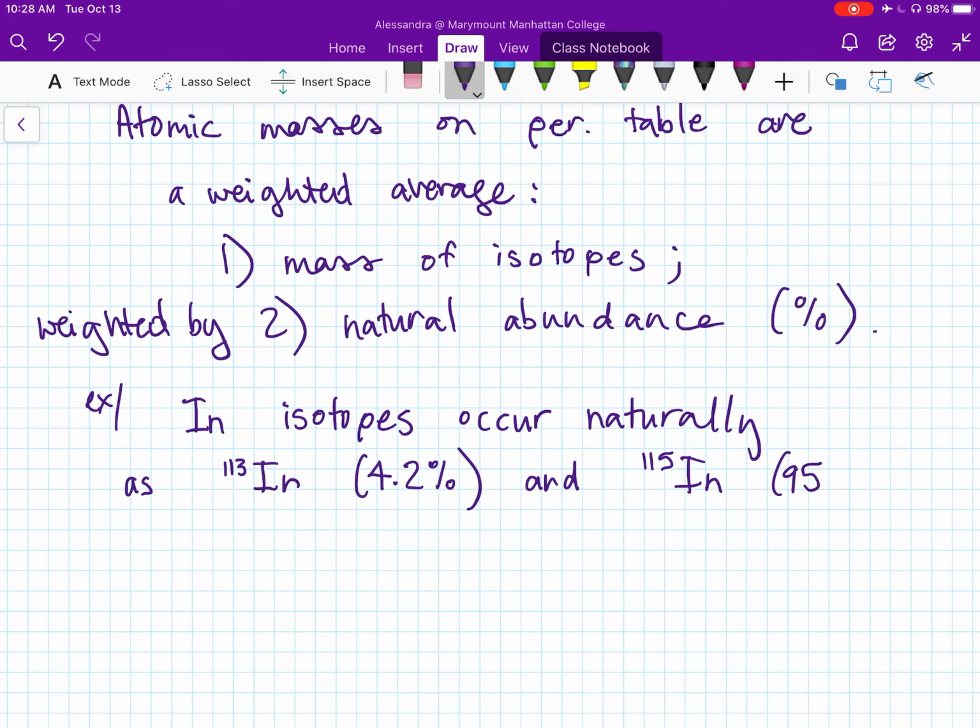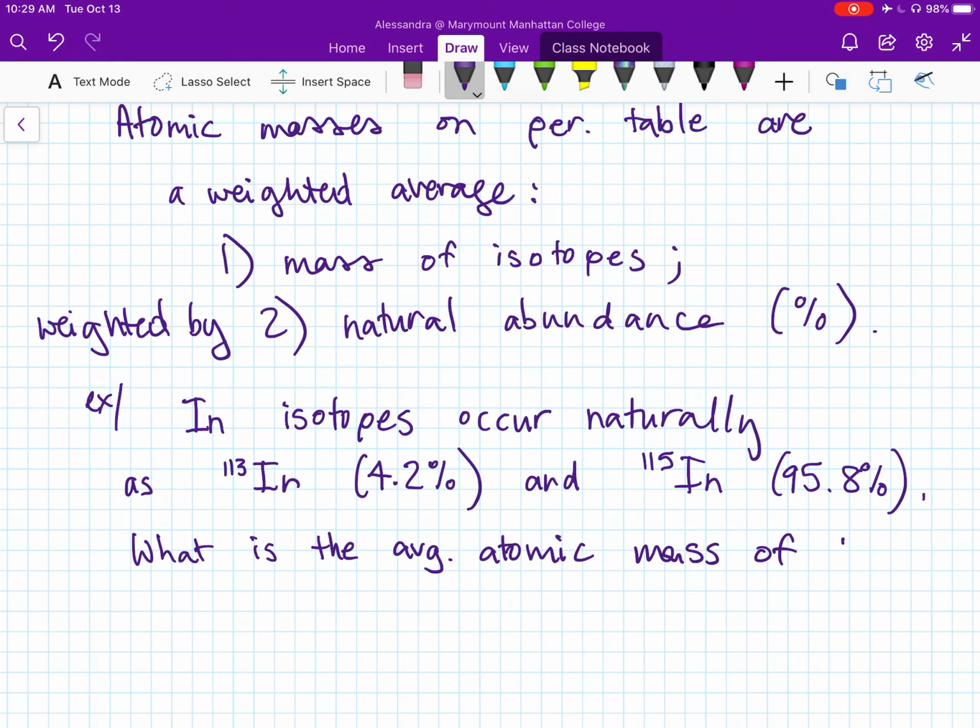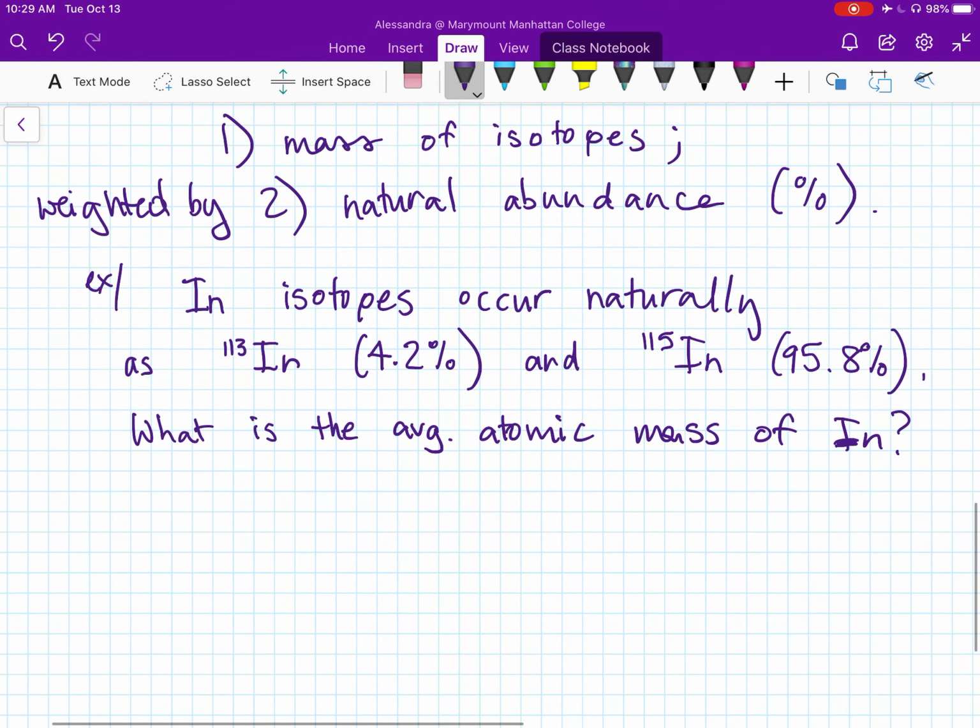That heavier isotope represents the rest, 95.8% of natural indium. So, what is the average atomic mass of indium given those parameters? Okay, so notice that those percentages add up to 100. So these are the two major isotopes that indium can exist as.